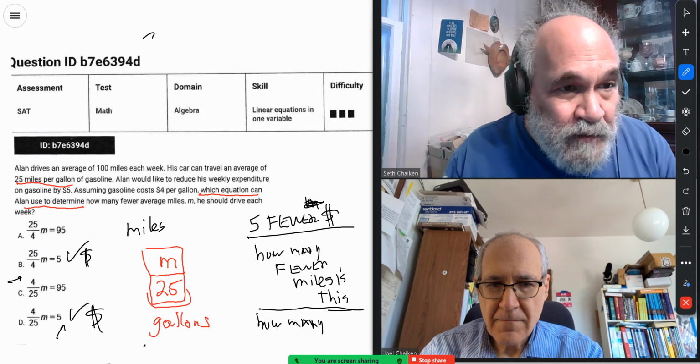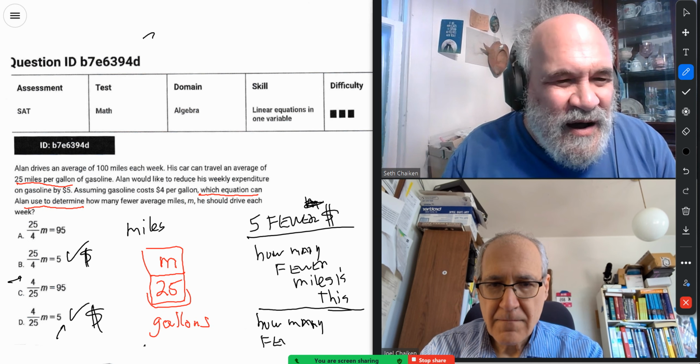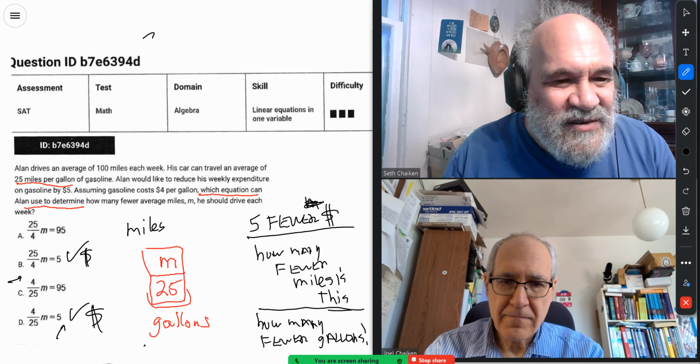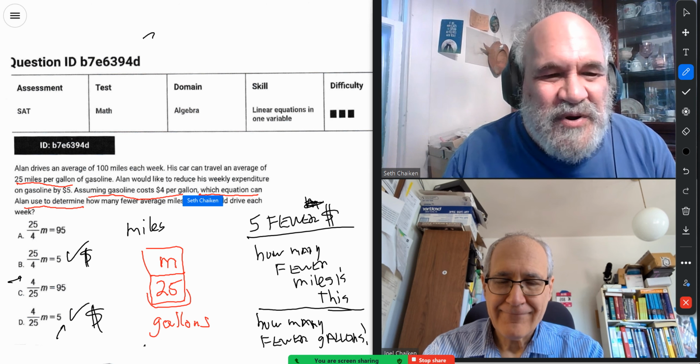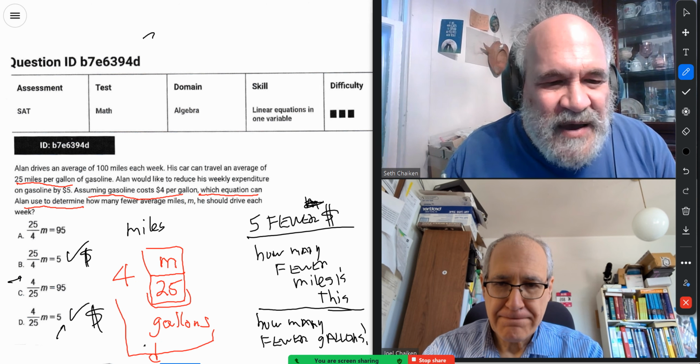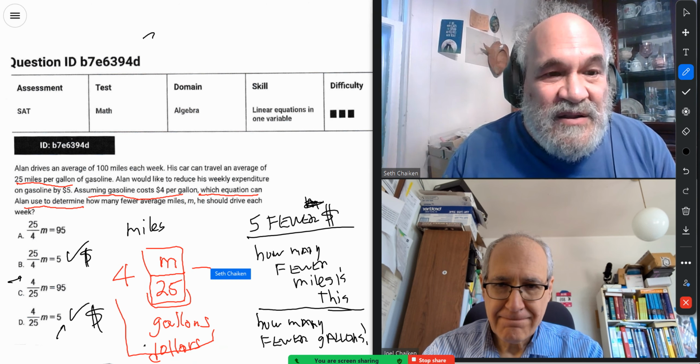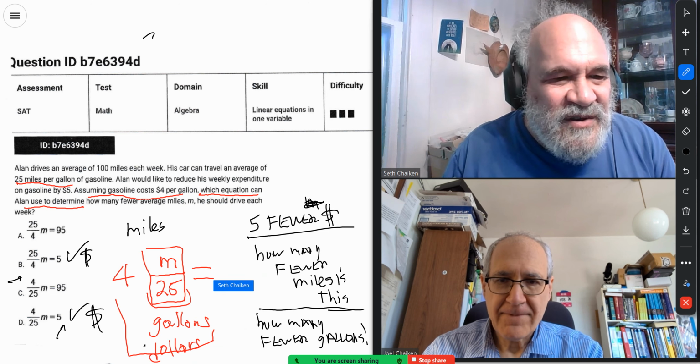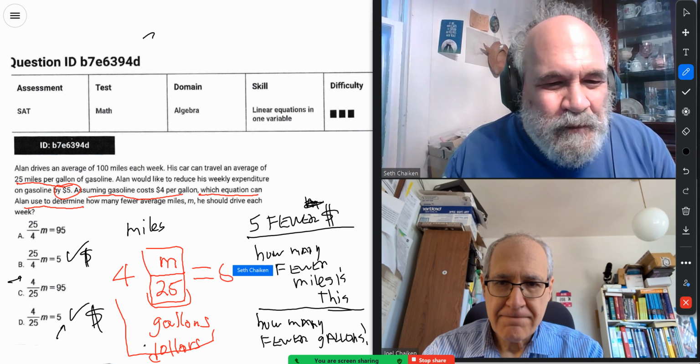Well, the price of the gasoline is $4 per gallon. So if we multiply this by 4, we convert it to the number of dollars saved. And we want the number of dollars saved to equal 5.